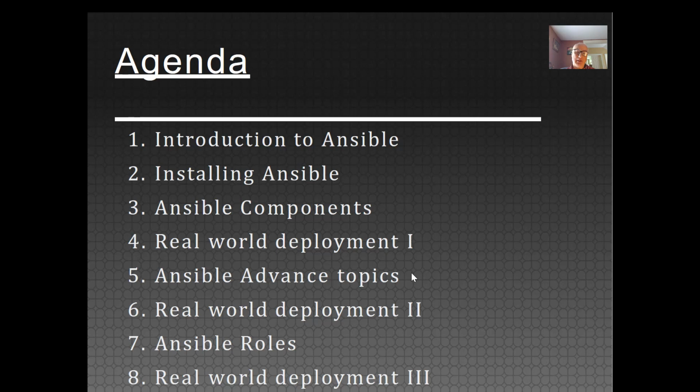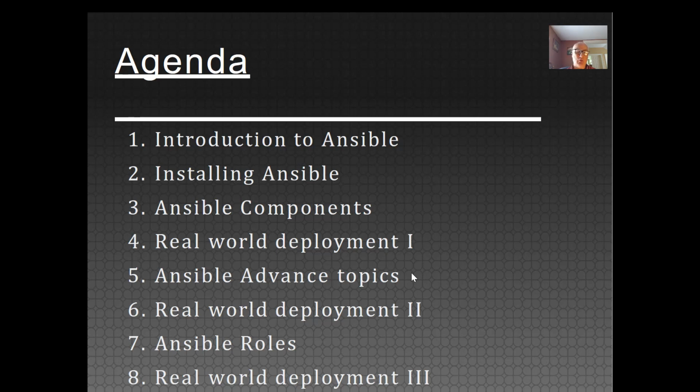So these are some of the things that Kaiser felt was interesting to go through, and it's the real world deployments that I think are the really interesting things. So first we're going to talk about how Ansible works. Then we're going to talk about how to install Ansible, and I put that other video out there about that. You used Yum to install Ansible before. So, that's pretty much done. Then the Ansible components, how is Ansible organized?